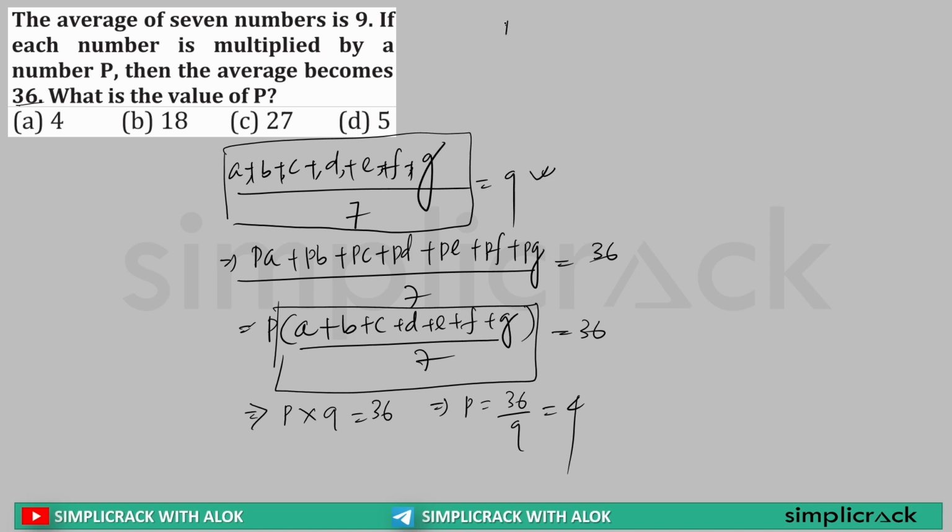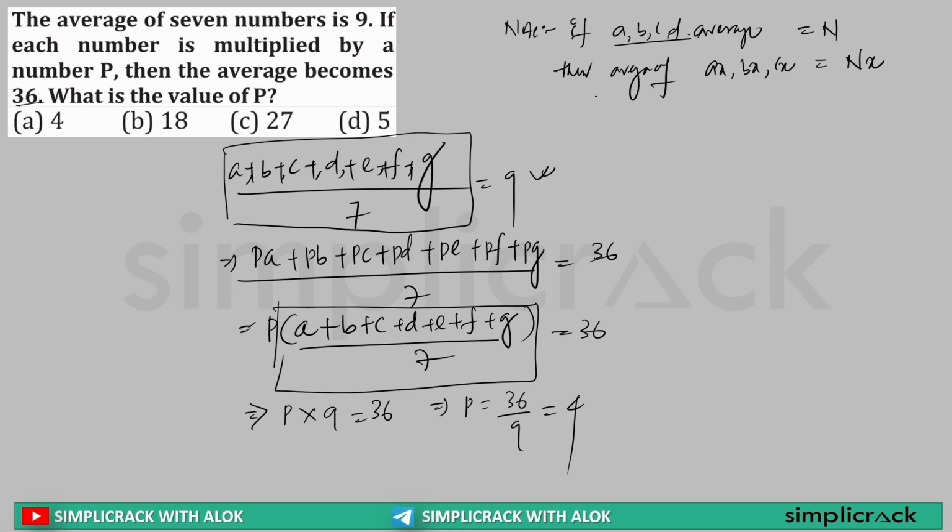Here, note. If A, B, C, D are the numbers, and the average of these is equal to n, then the average of AX, BX, CX, meaning C into X, is equal to n into X. Clear or not?